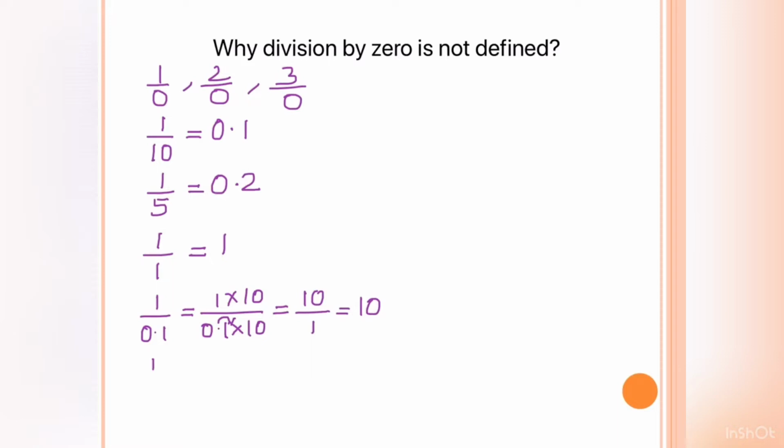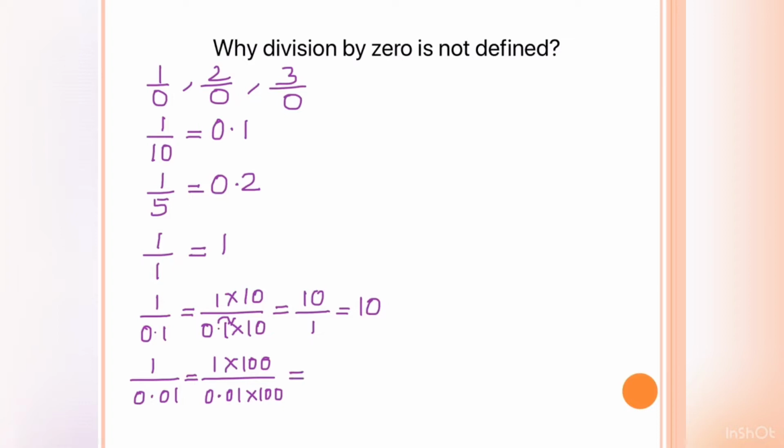Now if we take 1 by 0.01, we will multiply both numerator and denominator by 100 to make the denominator a whole number.